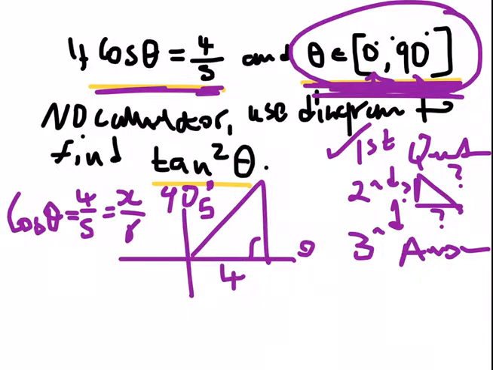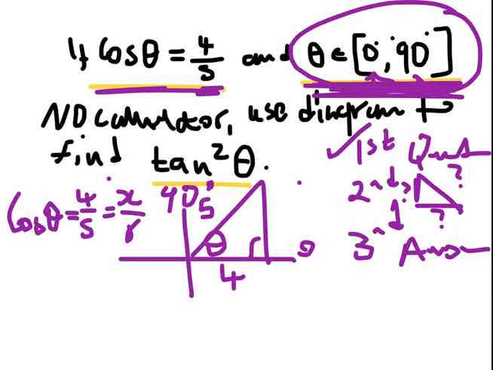I will show you another way in which it may be given to you, where they will not necessarily say straight away that it is in the first quadrant, but for example, they will say it's either in this quadrant or that quadrant, and then somehow you need to choose. So this was an easier way of them letting you know in which quadrant it falls.